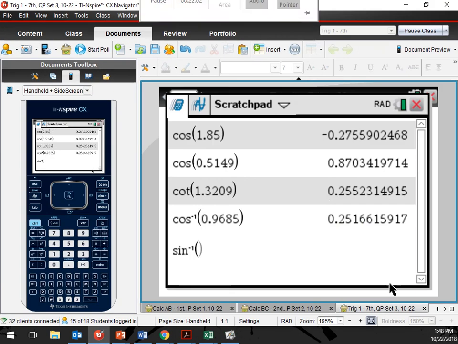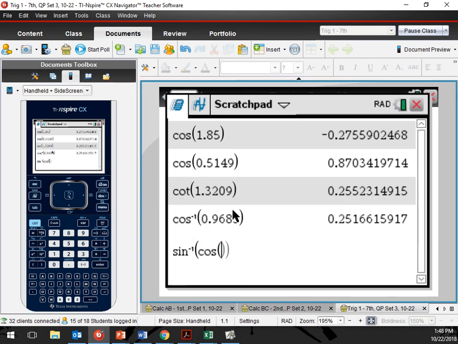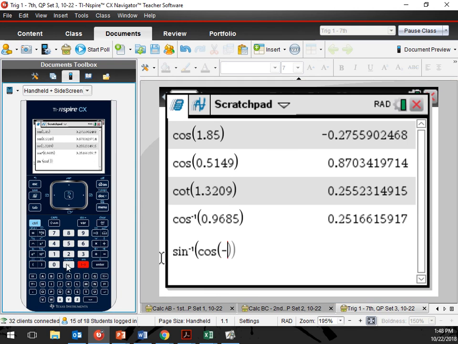Inverse sine of, I have cosine of D, right? Cosine of negative 0.1425. You don't have to do inverse of that. You're only doing the inverse to get the one angle by itself, because you only have one theta in this problem.